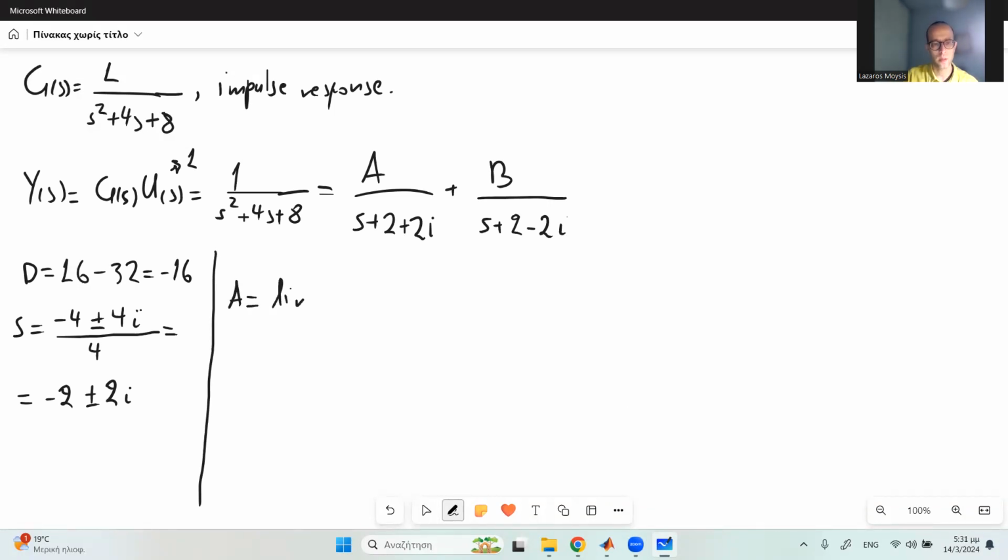It is the limit, pretty much like what we did in the previous cases, as s goes to minus 2 minus 2i of s plus 2 plus 2i times 1 over, written in factored form, s plus 2 plus 2i multiplied by s plus 2 minus 2i.